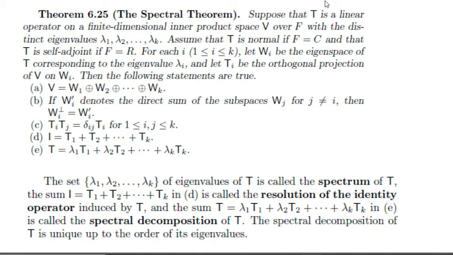Then the following statements are true: V can be written as the direct sum of the Wi's, and if Wi dash denotes the direct sum of subspaces Wj for j not equal to i, then Wi perp is equal to Wi dash.